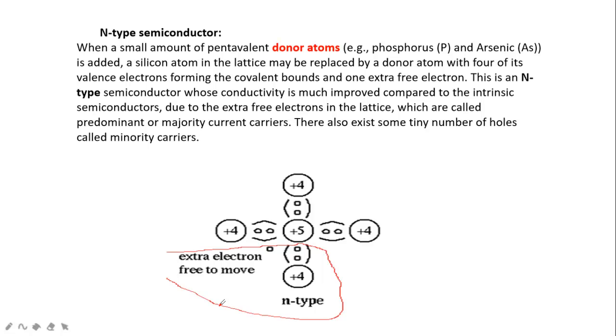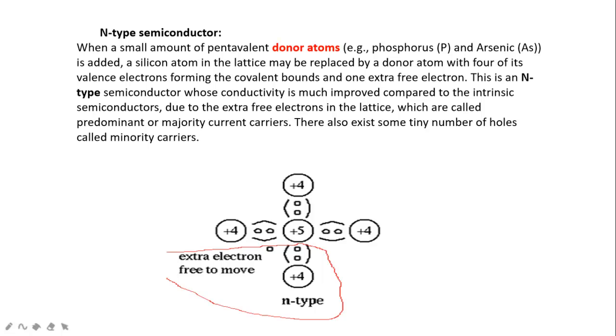So, if we are mixing some impurity of the fifth group into pure semiconductors, a small amount of pentavalent donor atoms, for example phosphorus and arsenic, then we get N type semiconductors.